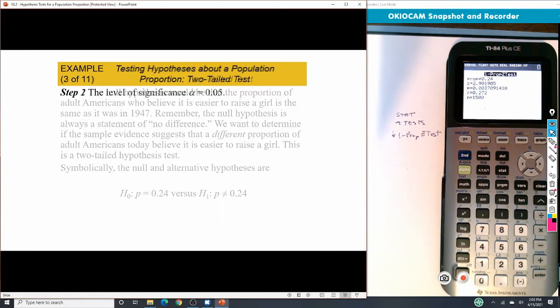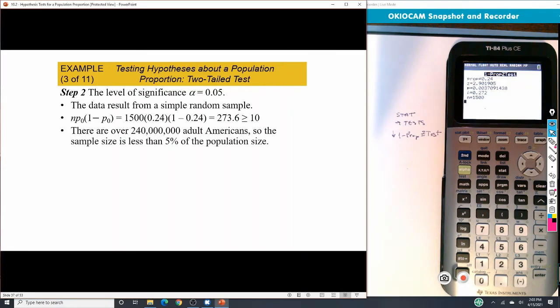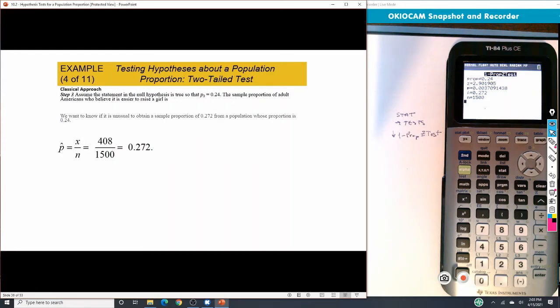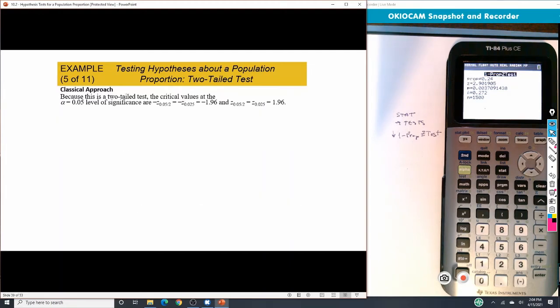All right, so again here, we can look at those. So our level of significance is 0.05 with us. We do fall within normal pieces. So our z-value is 2.90. Okay. Now, we want to look at our values there. Because it's a two-tailed, we need to split apart our alphas.